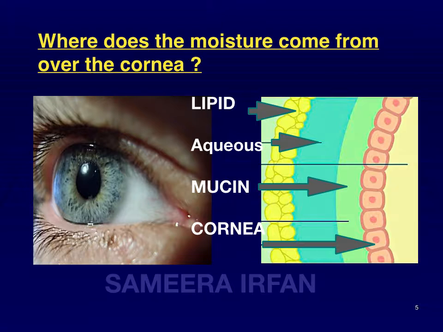In the process of this movement from the lateral canthus towards the medial canthus, the tears form a meniscus all along the upper and the lower lid margins. The additional tears gather in the conjunctival sacs.